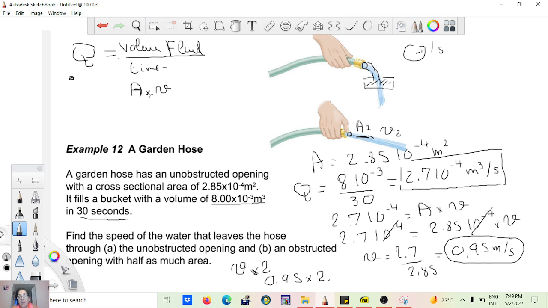Because you have A1 V1 equals A2 V2, and it has to be the same amount of fluid here as it is here. Because it goes like this, right? You have a wide section, and then this is obstructed, and here you have smaller. So here it's going to move faster, V2 greater than V1.